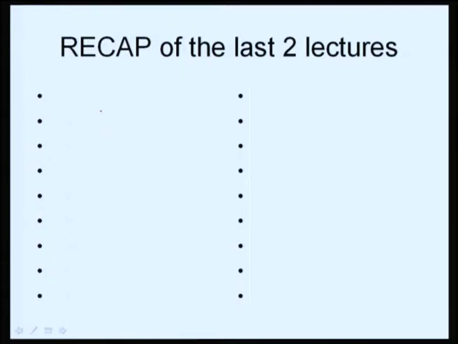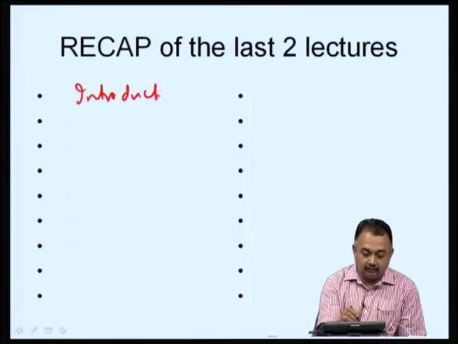What I will now do is give you a recap of the last 2 lectures, so that you are on the same page with my lecture series. The first one is we have seen the introduction. The second one, we have seen the term called microsystems.